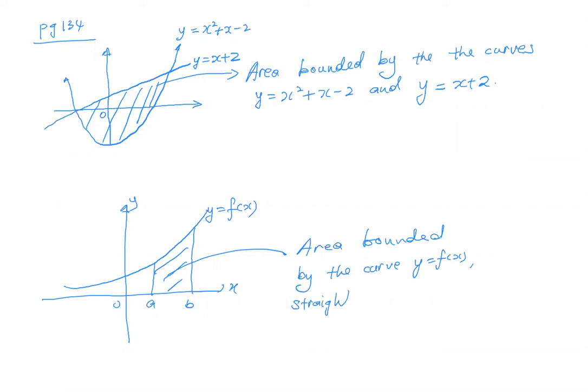I think I have to come up with one question whereby I ask you to describe the area in words. Straight line, straight line, x equal to a, x equal to b, and the x-axis.